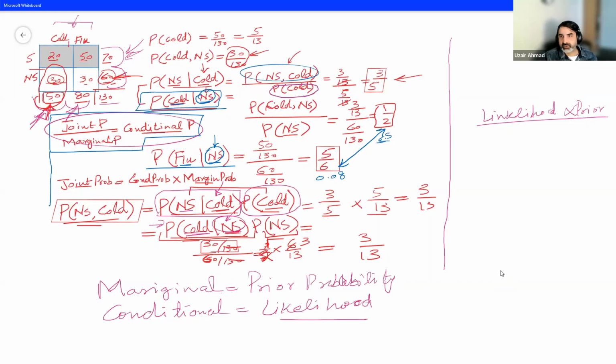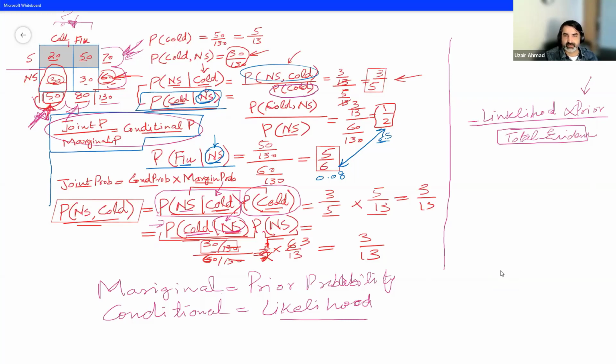The margin that we call prior, it is about the dependent variable. In the margin we have here, it is about the independent variable, right? This margin, symptoms. We see symptoms and we want to answer whether, based on this symptom, what is the probability the person has cold or flu. So this one is going to be referred to as total evidence.